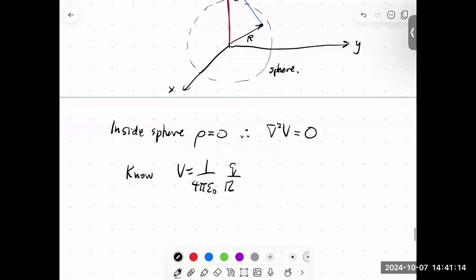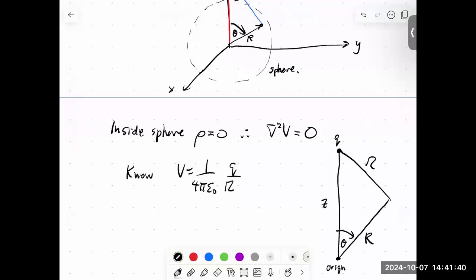So I'm going to try to draw this triangle we have. We had a distance z to Q. And so here's our origin here. And then we go out to some point on the sphere, and that sphere is radius r. And then I want to know the length of this thing. And so I'm going to call this angle theta, this angle theta in our spherical coordinate system. So how can I relate these lengths to one another?